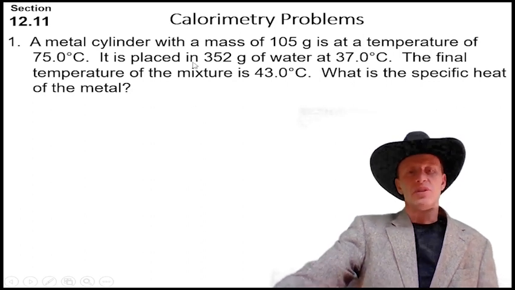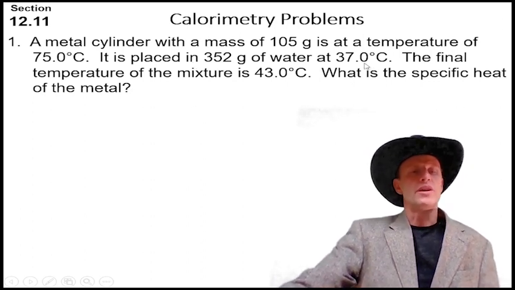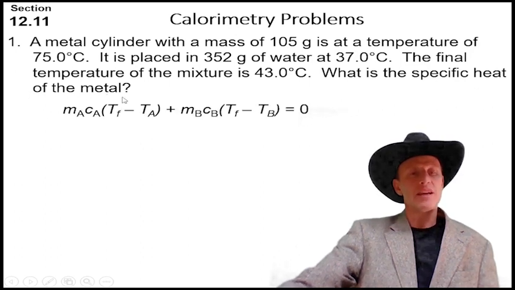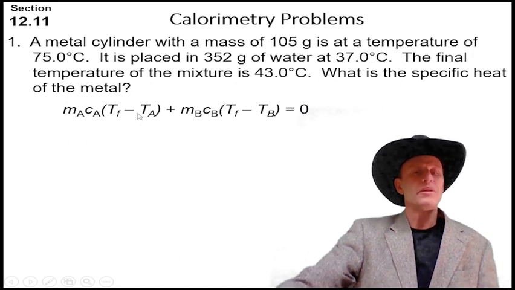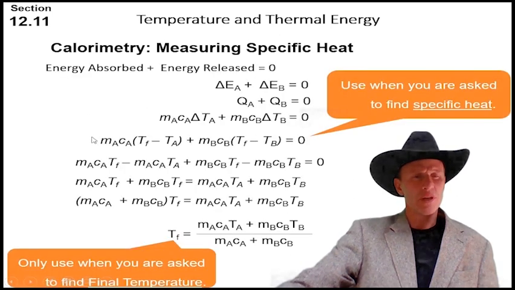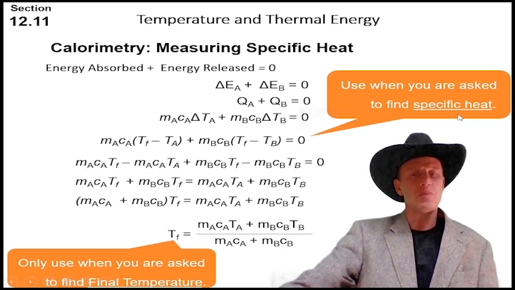A metal cylinder is placed in water, and it asks what is the specific heat of that metal cylinder. If we looked at that formula, we won't want the big fraction. We only want this one. Let's go back here a second. You would want to start with this formula right here in the derivation process when it asks you to find the specific heat.